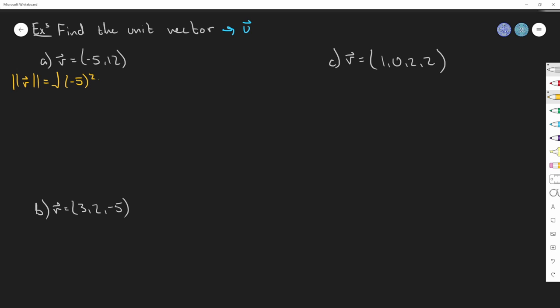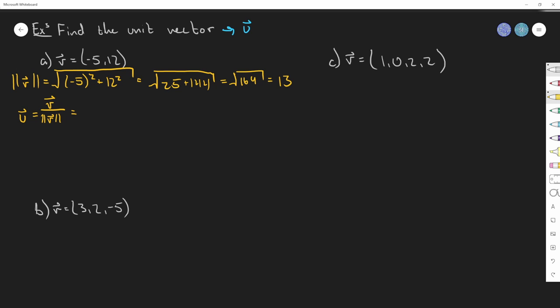So -5 squared plus 12 squared. That is equal to square root 25 plus 144. This is another beautiful triplet, which is square root of 169. Nice. Which would be 13. So our unit vector, u, is going to be equal to the vector over its magnitude.